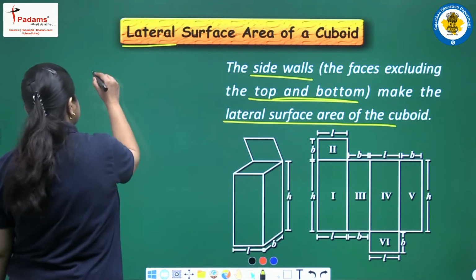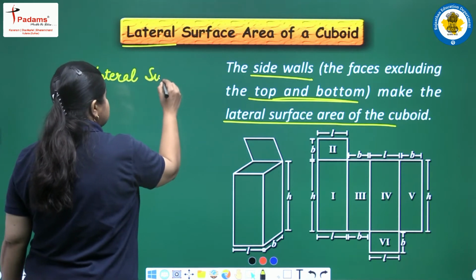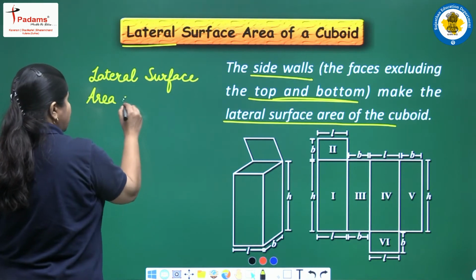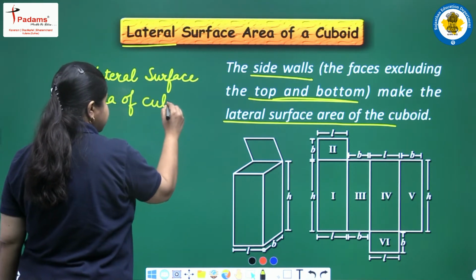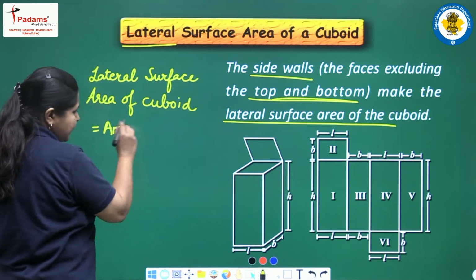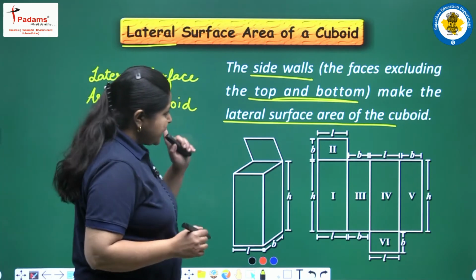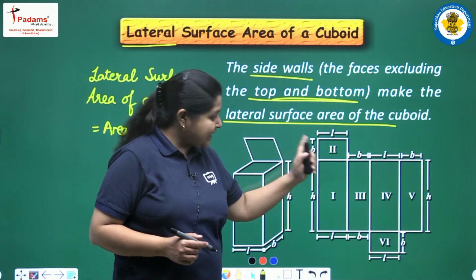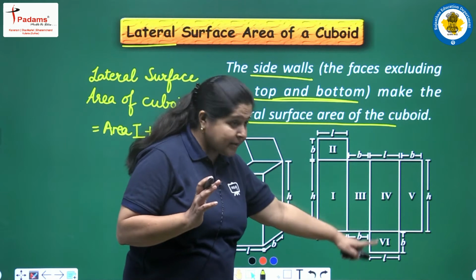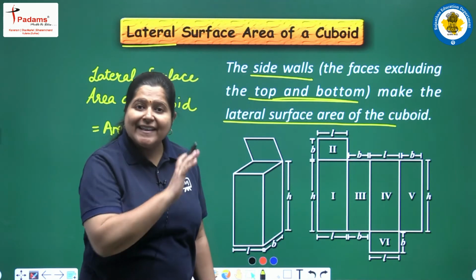And now how to find the lateral surface area? Lateral surface area of cuboid, here in this case you can see we will be finding area of the first face, ये लेंगे हम, plus now will we take the area of the second face. क्या हम second और sixth face consider करेंगे? बिल्कुल नहीं, ये हो गए top और bottom faces, तो इनको अब हम lateral surface area के केस में consider नहीं करेंगे.